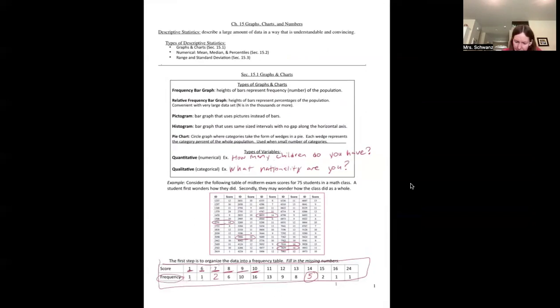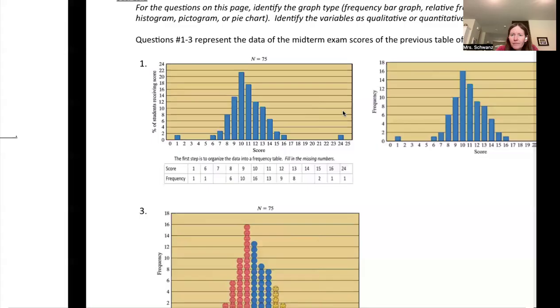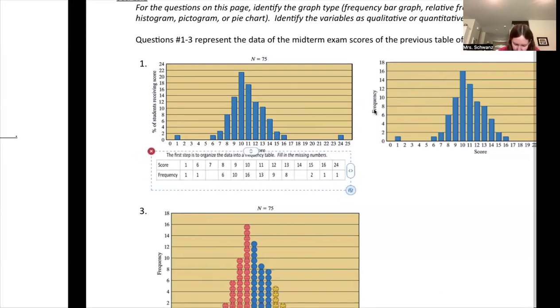Okay, so like I was mentioning here, they copied the scores, the 1, 6, 7, all of those, and they put them on the horizontal axis across the bottom of the graph, right?